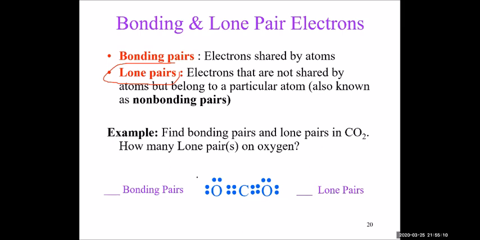You can see the question asks how many bonding pairs and how many lone pairs. Let's first categorize. I will use a triangle for the bonding pairs, the bonding electrons between 2 atoms or 2 symbols in the Lewis structure.